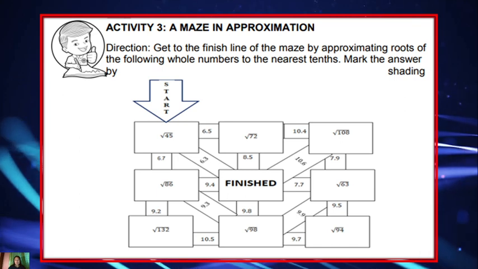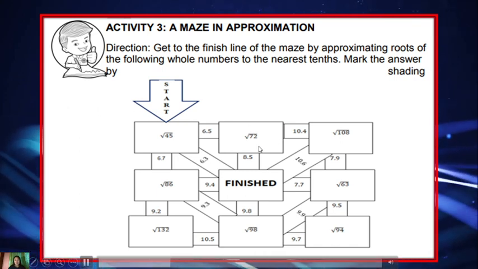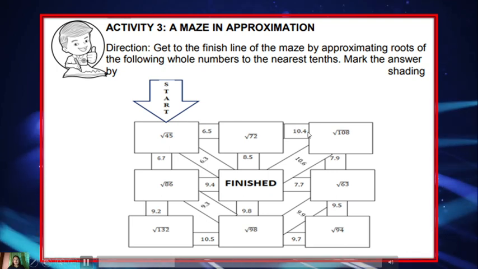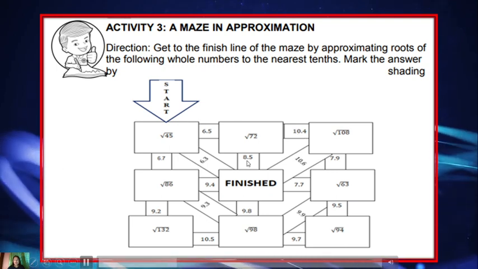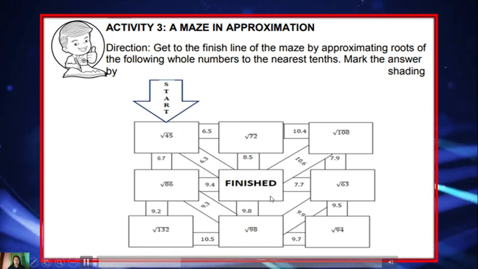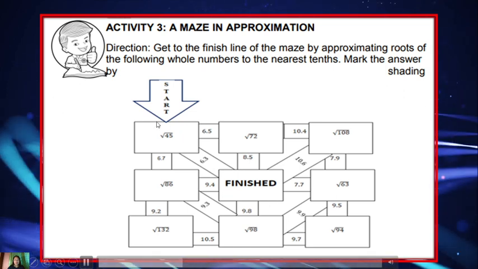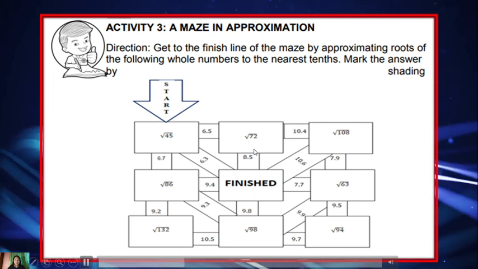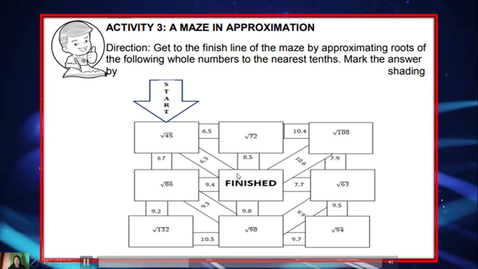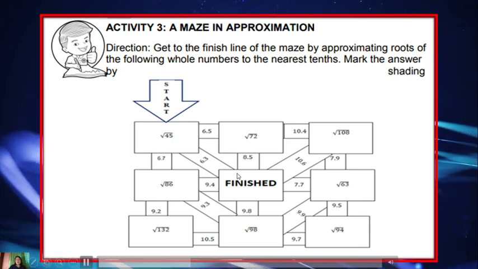Tama? Dito naman sa square root of 72, dalawa na naman yung choices ninyo. Either 10.4 or 8.5. Halimbawa kung 8.5, o di tapos na, ano ang isi-shade ninyo? So we have square root of 45, square root of 72, and then finish. Ganun siya.